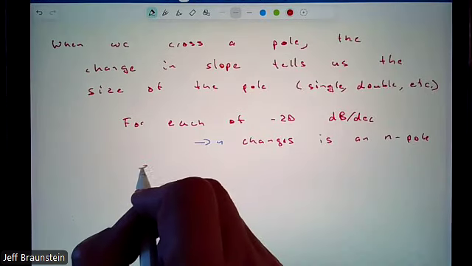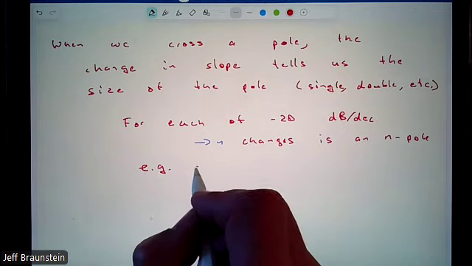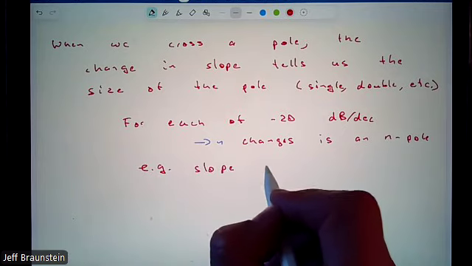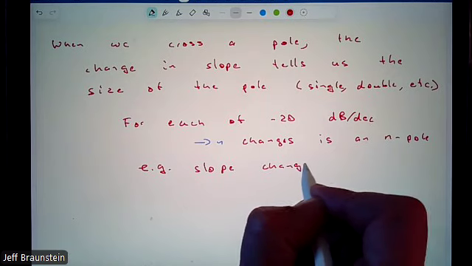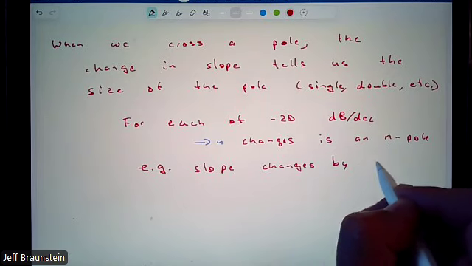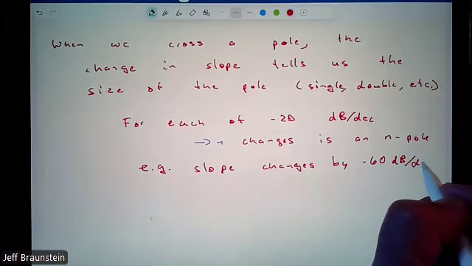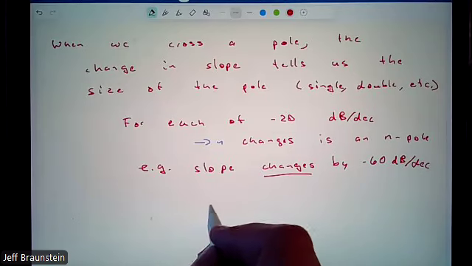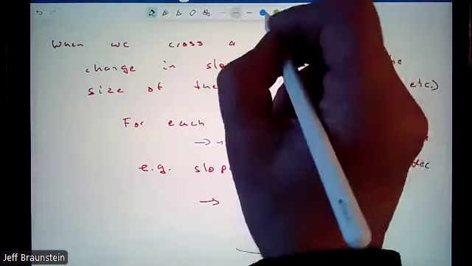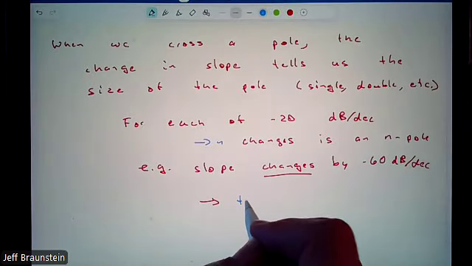For example, if the slope changes by minus 60 dB per decade, and changes is the key word here, then it's a triple pole.